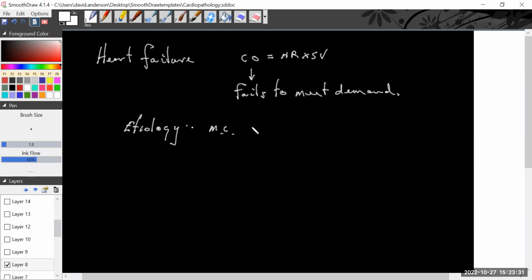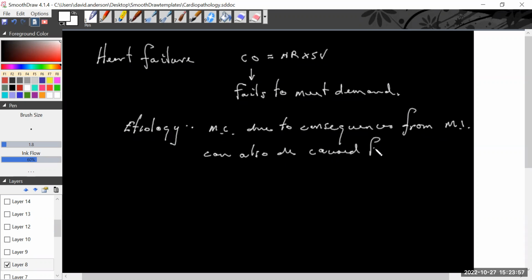So it is most commonly due to consequences from the myocardial infarction, and may also develop from high blood pressure.